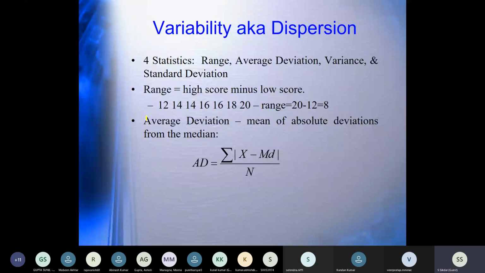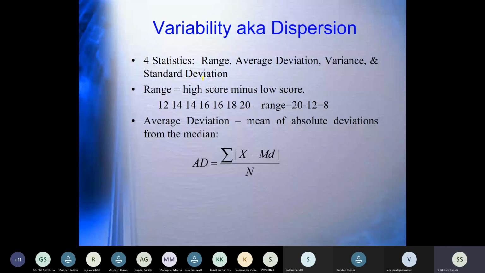There are four things which give a better idea: range, average deviation, standard deviation, then variance. In general, we don't talk much about variance. First, we talk about standard deviation.